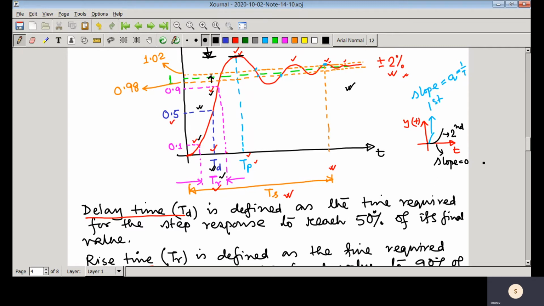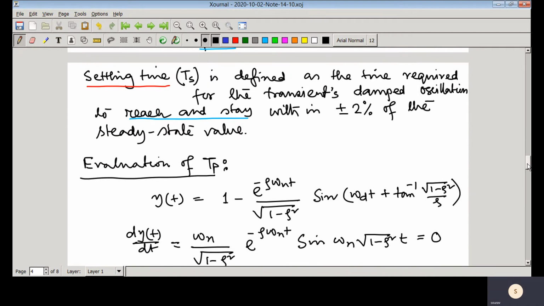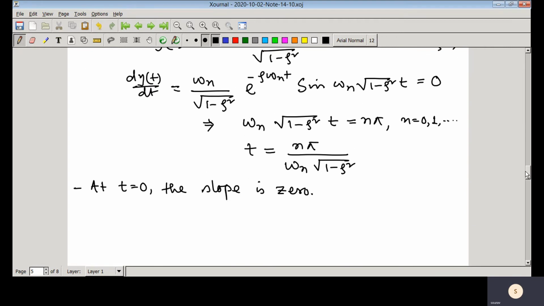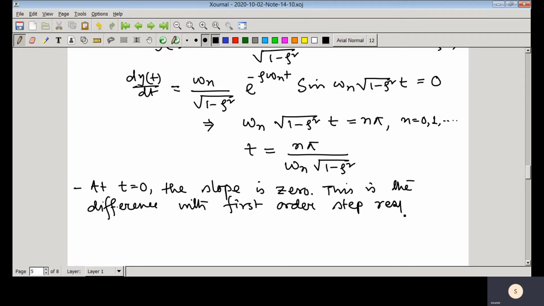So in case of second order system, the slope is 0 when t tends to 0, and in first order system that slope is the inverse of the time constant. This is the difference with the first order step response. You should remember this thing.